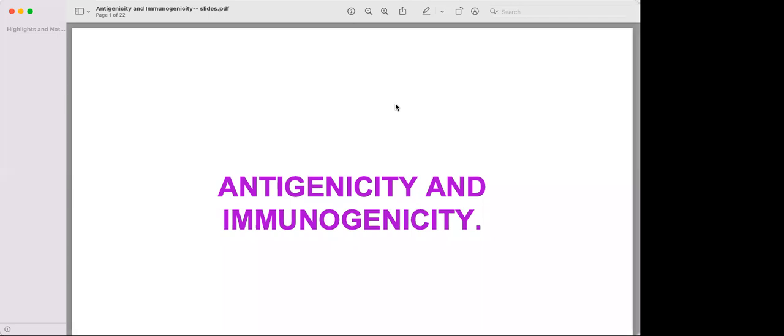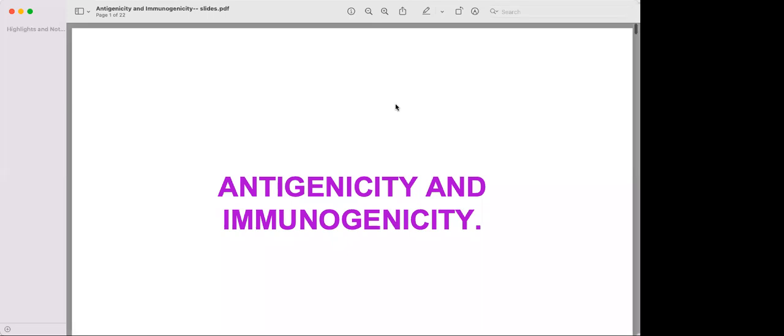In so binding to the receptors of the cells which will recognize it, we call it an antigen. Proceeding, therefore, to stimulate an immune response, we then call it an immunogen. Therefore, the two terms, antigenicity and immunogenicity. So this is what we are going to learn today.